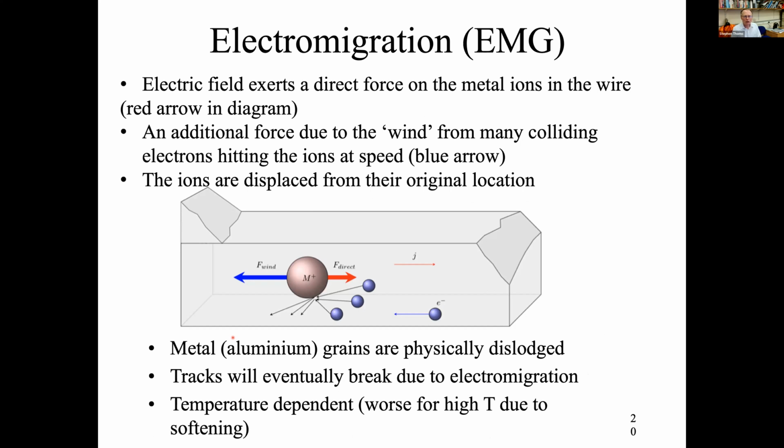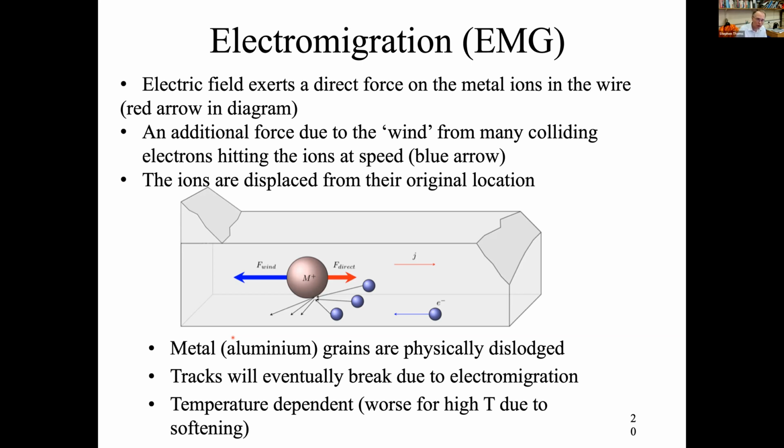Let's move on to electromigration, because this is something which can be a major problem. So essentially, a wire has lots of metal ions in it, and they've got different forces on them. So there's the force which comes from the electric field.